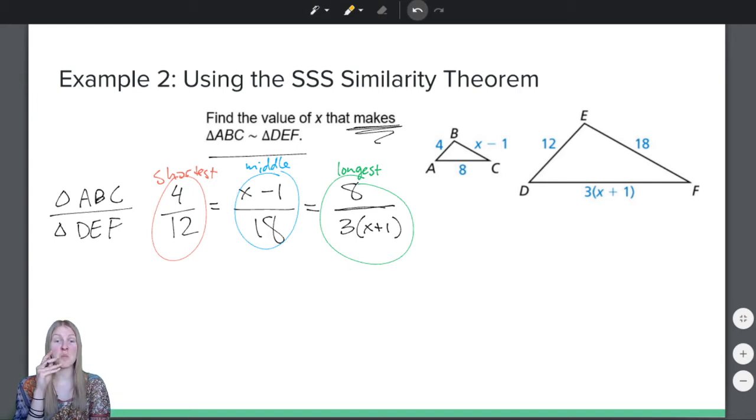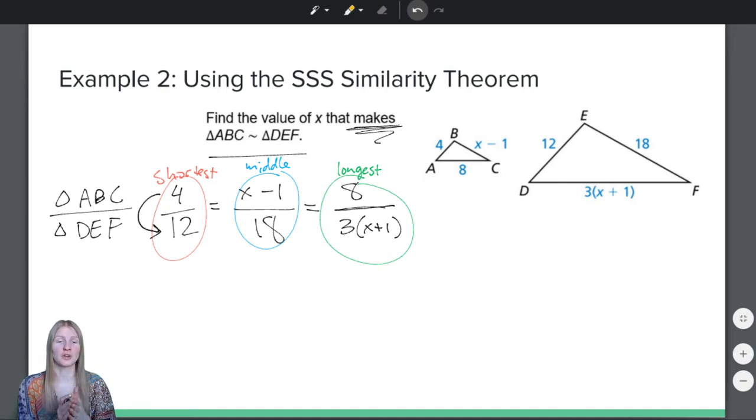Well, let's see. There are tons of different ways you can do this. One way, and this is a way that I see students do it before I even say anything, is this. If you look, how do I get from 4 to 12?